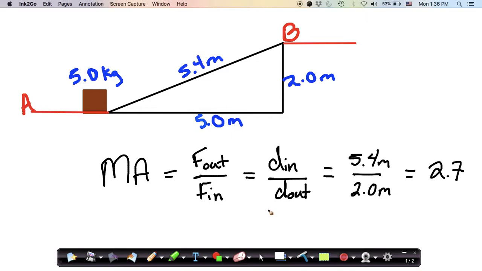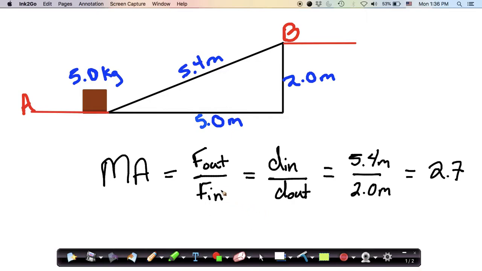If you're trying to move a 5.0 kilogram box, which has a weight of 50 newtons, you're not going to have to push with 50 newtons of force. Instead, you'll have to push with 50 divided by 2.7 newtons of force, because your input force will be multiplied by that mechanical advantage of 2.7.